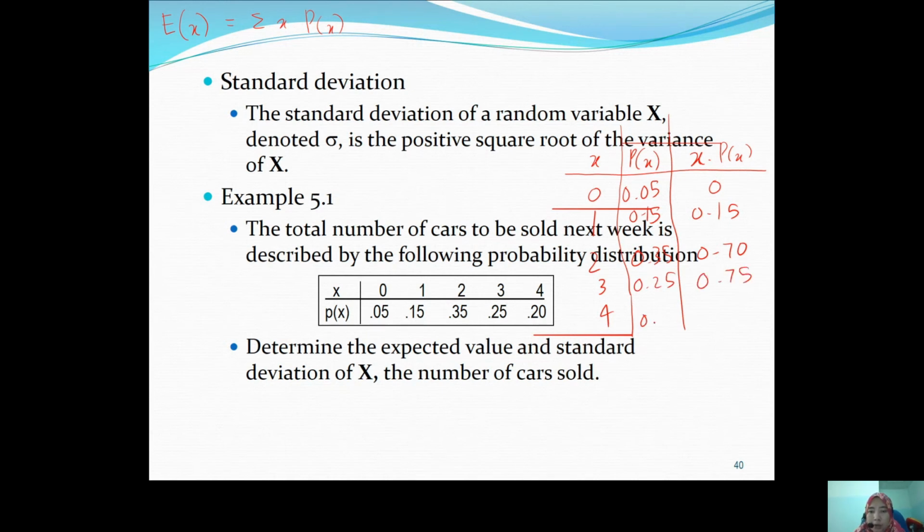Then we have 0.2. So this is 0.8. So the total for the column X times P(X) will give us the expected value. We have 2.4.